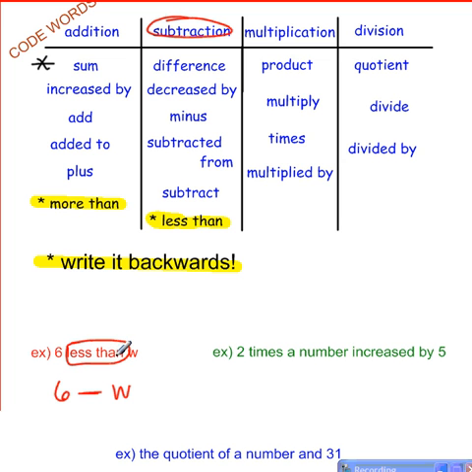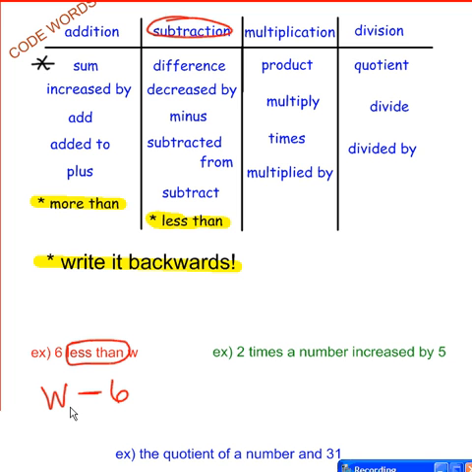That's not what this says. This says that W is less than 6. That's why you cannot put them in order as they come in the sentence. You have got to write them backwards. So what we should do is put the 6 here and the W in the front. This represents what is stated here: W is definitely less than 6.